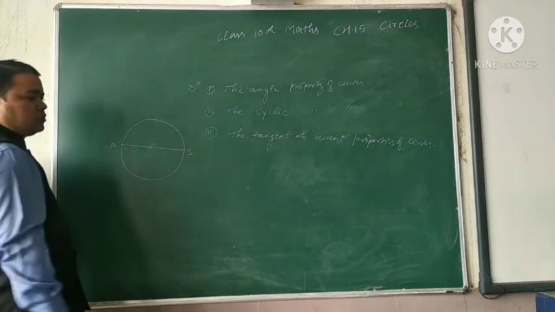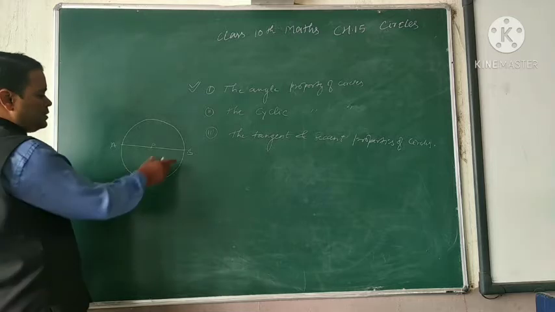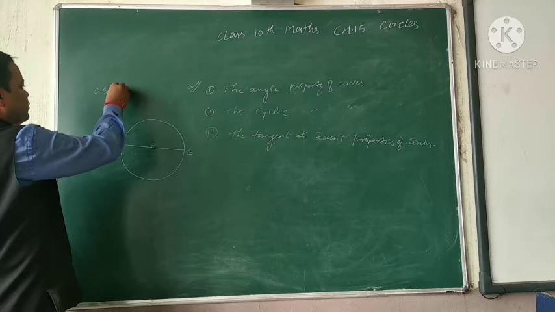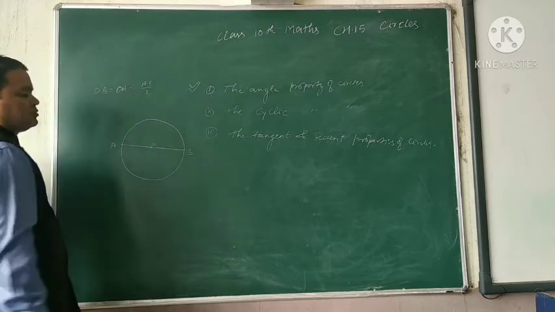With center O, OA is equal to OB, and this is the radius. So OB is equal to OA is equal to AB by 2.